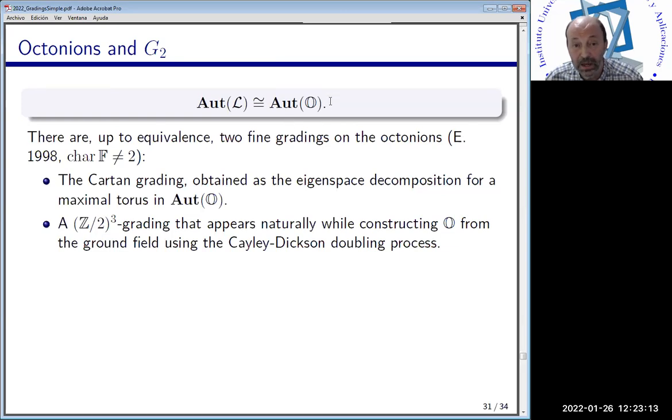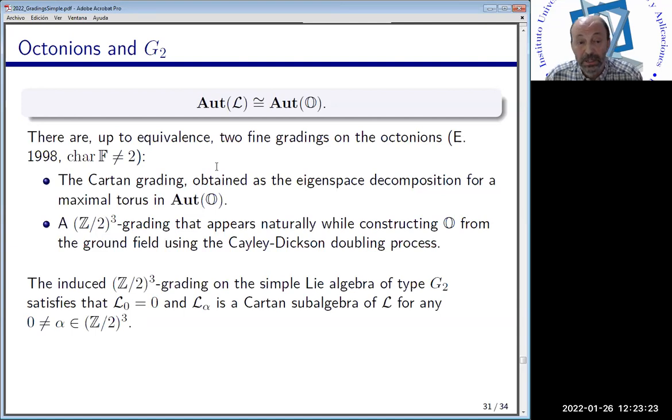And once we have the gradings on the octonions, we have this isomorphism, so we can transfer to gradings on the simple Lie algebras of type G2. And that's all. And for instance, whenever one considers the 14-dimensional simple Lie algebra of type G2, endowed with the grading that comes from this grading on the octonions, one gets a very nice grading.